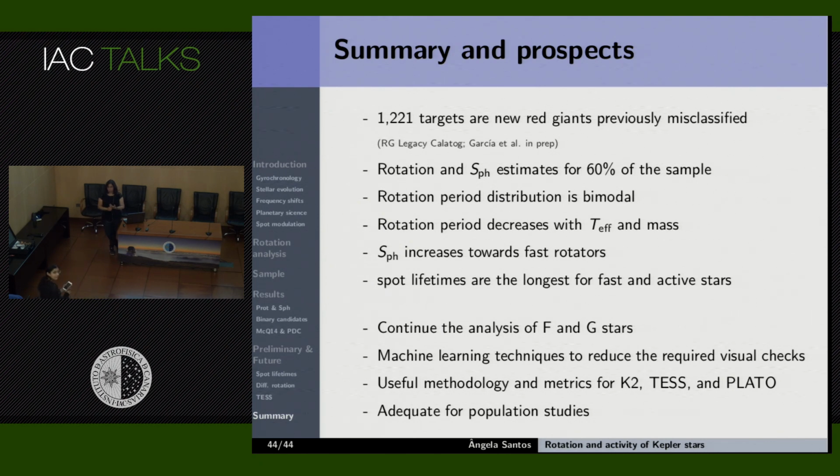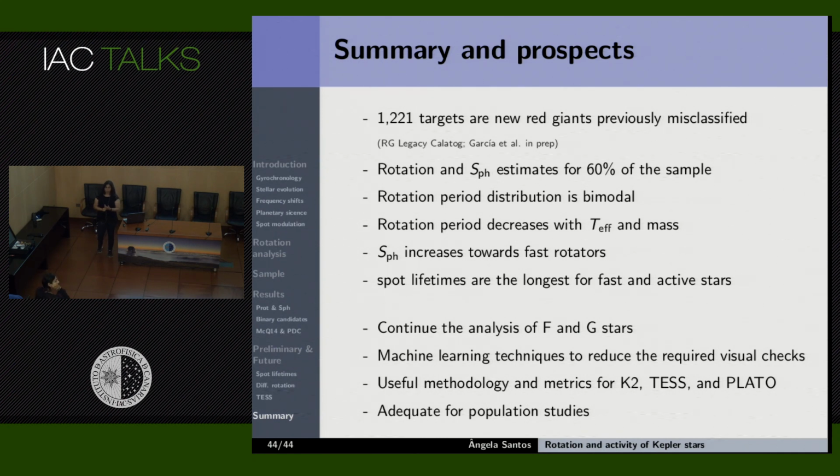Well, first of all, Angela, thanks a lot. It's very nice work, very extensive, and it requires time to think about the many things you showed us. One question: how far can you go with your technique in terms of rotation periods?